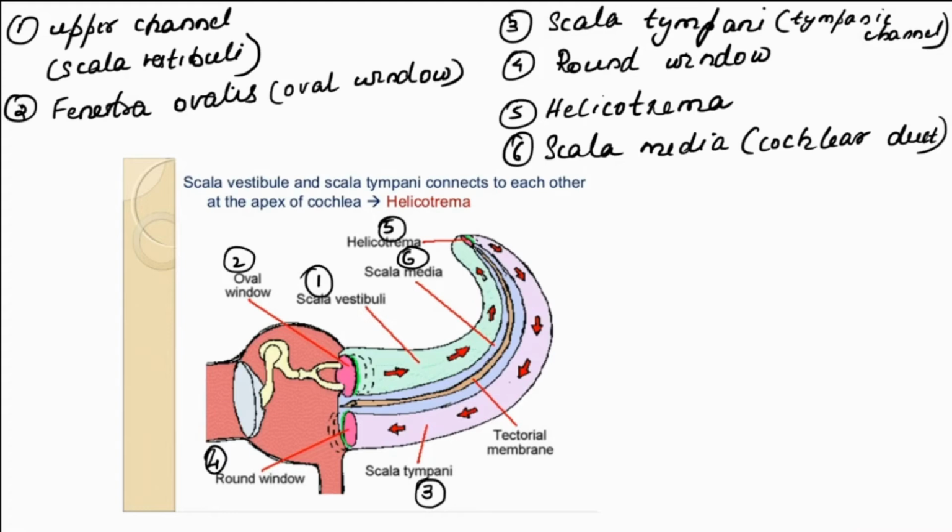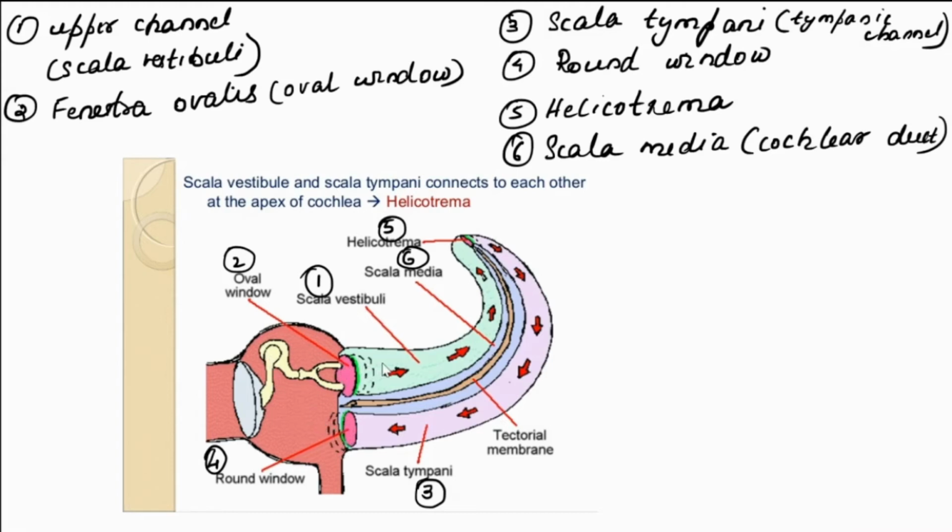And the base channel, the lowermost channel, is called scala tympani, or otherwise called the tympanic channel. That channel is communicating with which window? The round window, which also opens towards the middle ear.